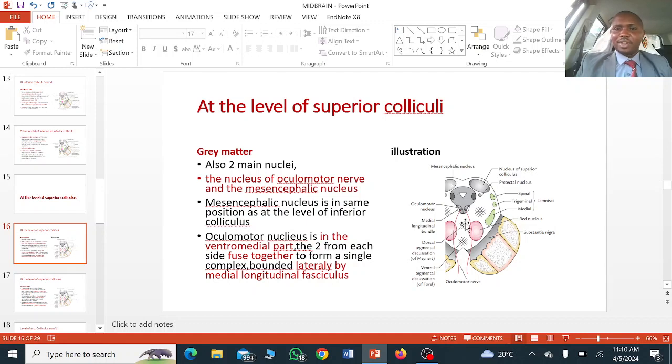The oculomotor nucleus, in the ventral part, there are two from each side. They come together and merge, as you can see here, and form a single nucleus complex, and they are bordered laterally by the medial longitudinal bundle.